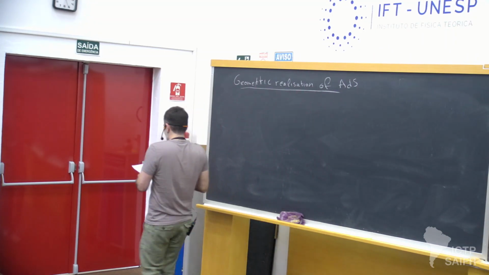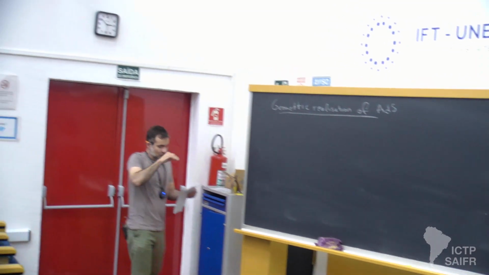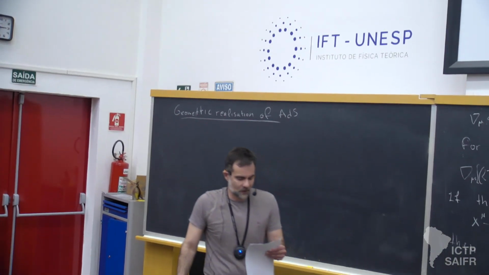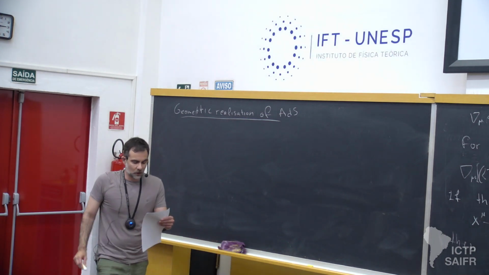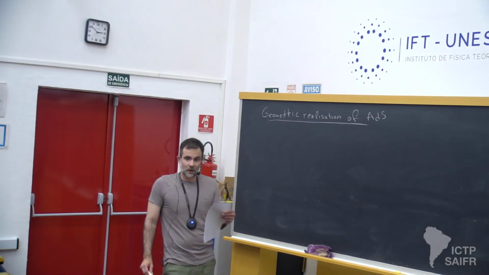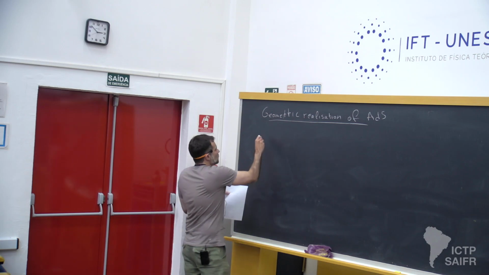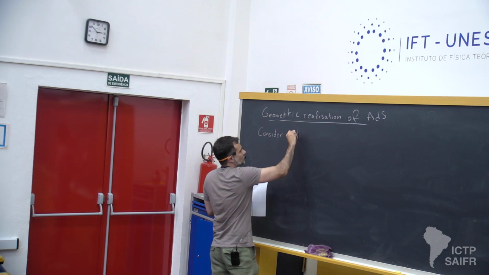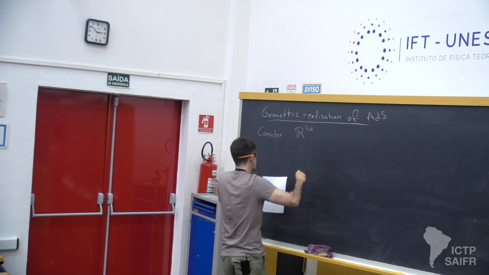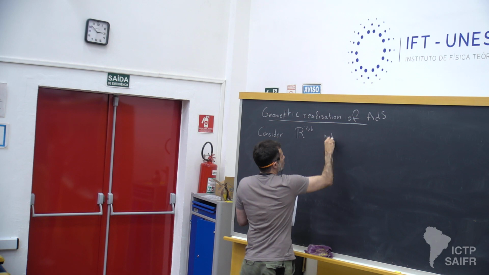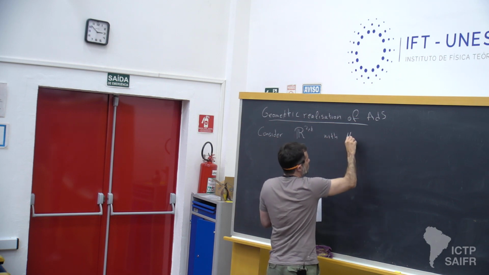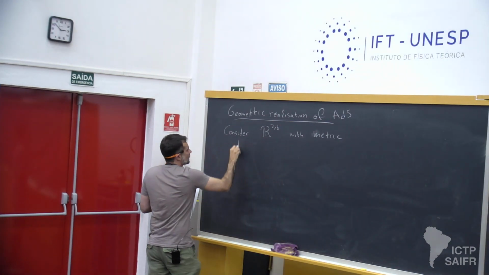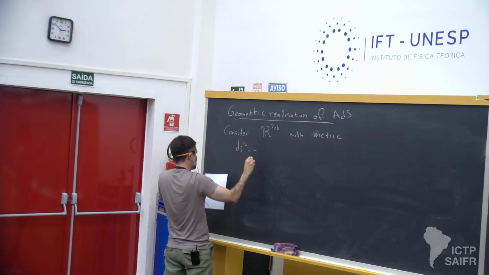Okay, so what have we said? We said that the conformal group in d dimensions is equivalent to the Lorentz group in 2 plus d dimensions. So a natural thing to consider is R^{2,d}, with not the Minkowski metric, but a metric with a couple of minus signs.